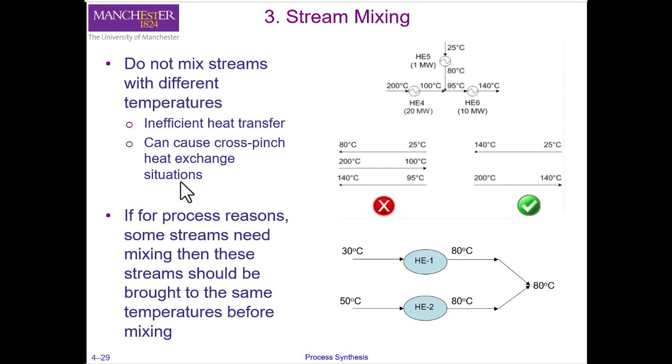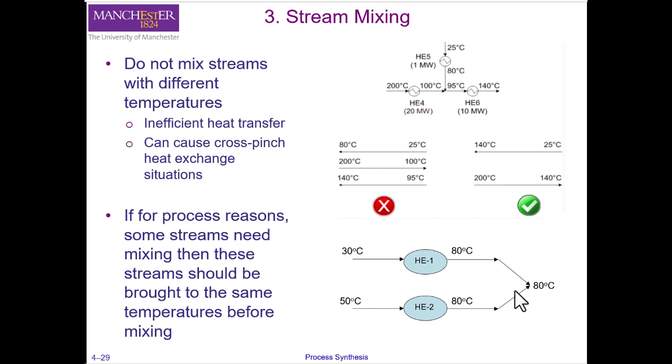Another part of this heuristic is that if you have to mix two streams for whatever reason, then first you should bring those streams to the same temperature and then mix them. For example, here you have two streams at two different temperatures. First you bring them to the same temperature and then you mix them.